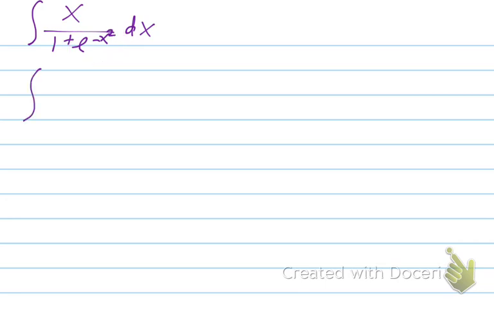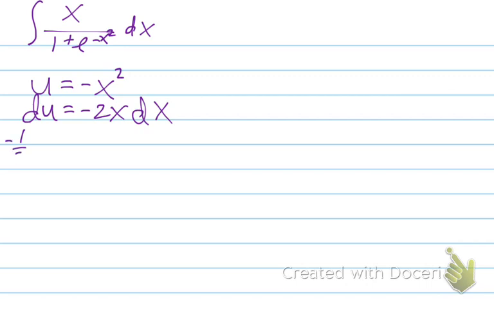So when I'm looking at this, I see that maybe u is going to equal negative x squared, because most of the time I just see e to the u. So if that's true, then that means du would be negative 2x dx. And if I try to get rid of that negative 2, I get that negative 1/2 du equals x dx.